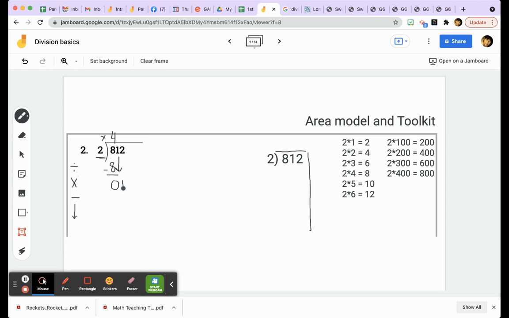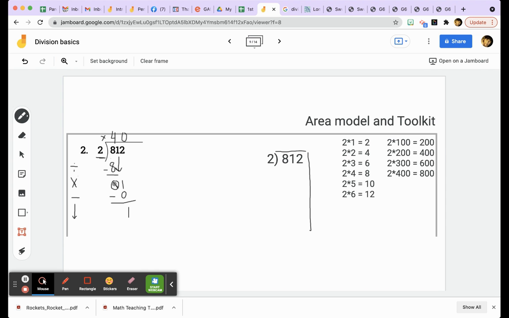I bring down the 1. 2 will not go into 1. So I put a 0 in the quotient. I multiply back. 0 times 2 is 0. After I multiply back, I subtract. 1 subtract 0 is 1.